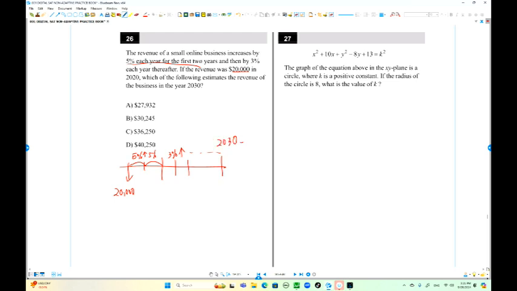So initially it's different, so we have to decide. We need a new initial over here. This is the new initial because after this, they increased with the same rate, 3%. So we're going to find this new initial value, okay? How can you find the new initial? From here, 20,000 times 1 plus, every year 5% increase, 0.05, and 2 years increase. That is the new initial.